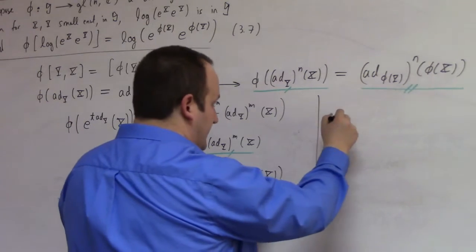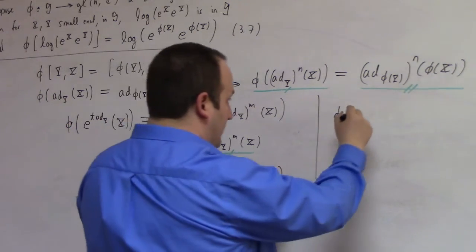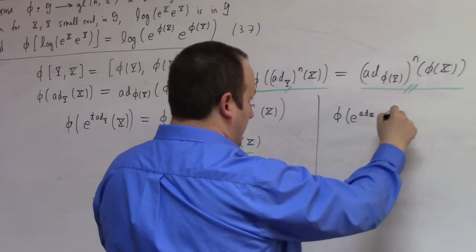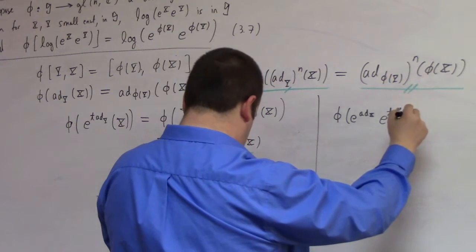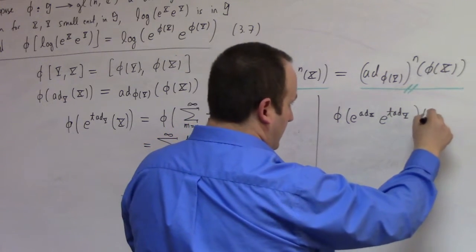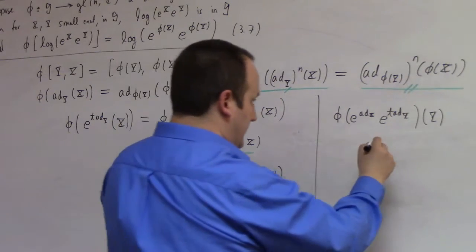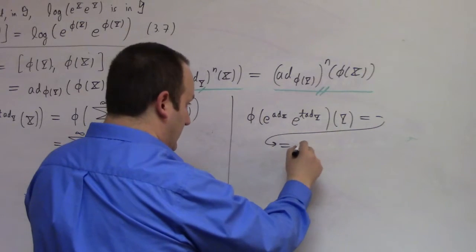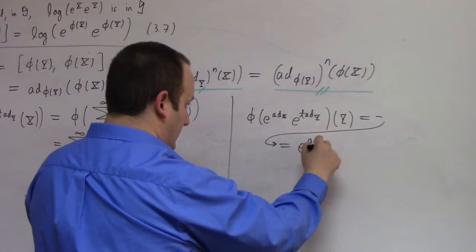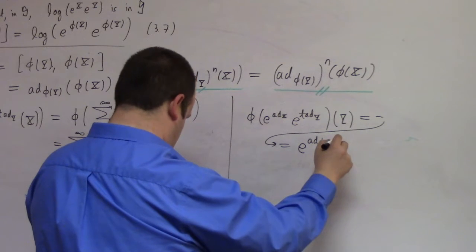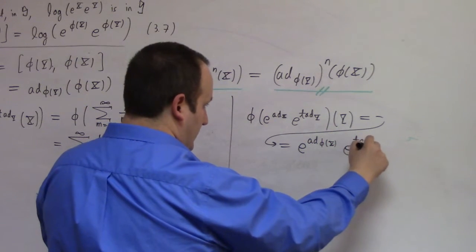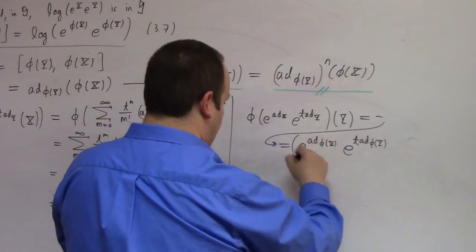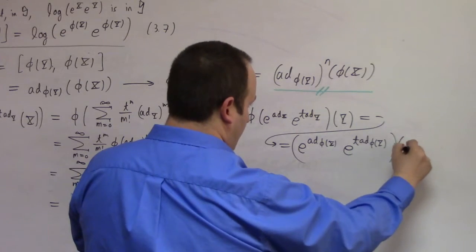So he says that it similarly follows that phi of e to the adjoint x, e to the t adjoint y, acting on y, is equal to e to the adjoint phi of x, e to the t adjoint phi of y, acting on phi of y.